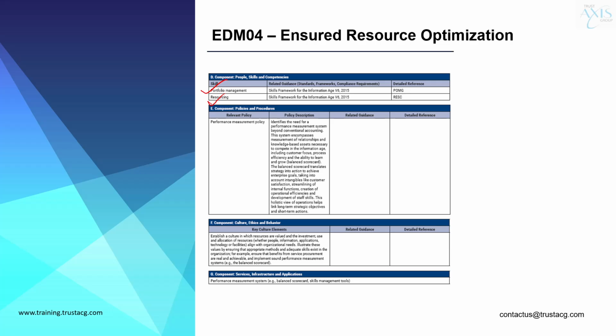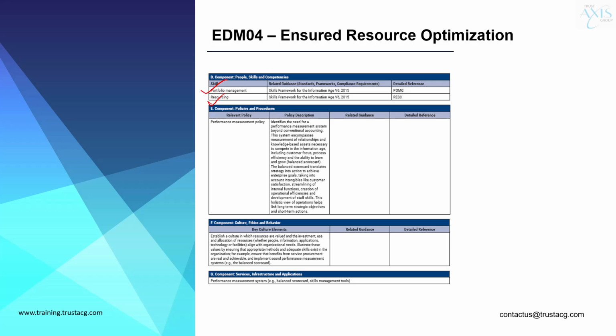So it covers workforce planning, capacity forecasting, and maintaining the balance between your internal talent and external sourcing. In short, this particular skill makes sure that the organization's human capital is used wisely and strategically. Together, both of these competencies will ensure that the people who are managing enterprise resource optimization understand how to balance capacity, capability, and cost in pursuit of its business goals.